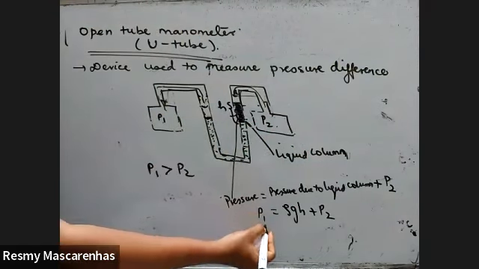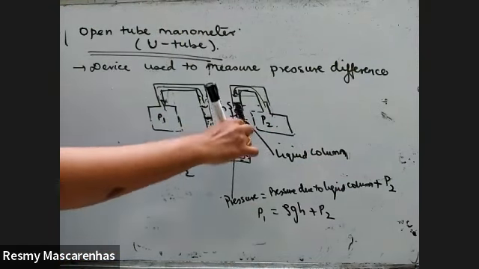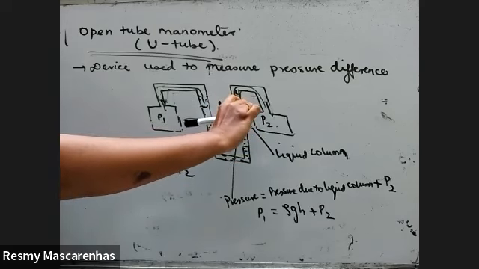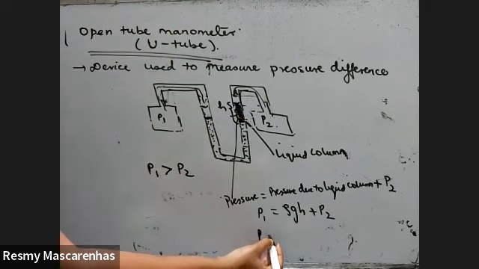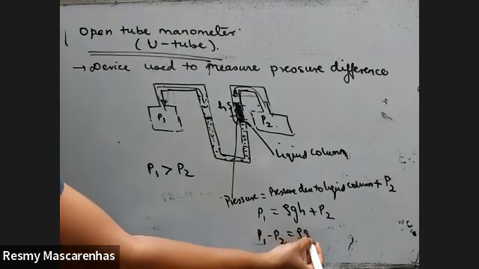So P1 equals the pressure over here plus this. Then you can always calculate the difference: P1 minus P2 will be rho gh.